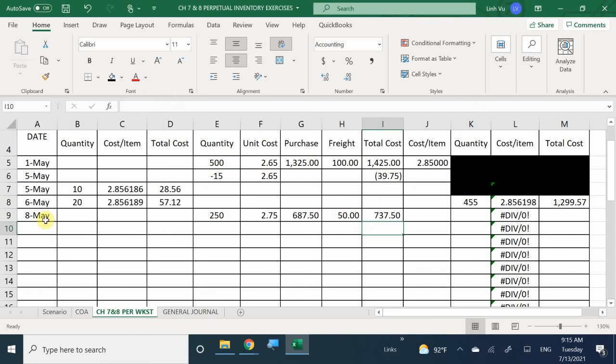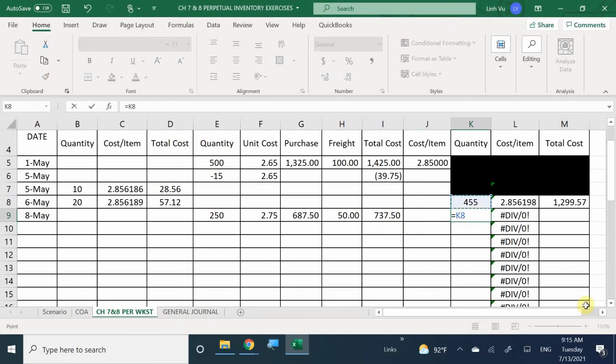Not really, because that's going to be done all the way on the right, correct? Correct. Because now we need to add this to my new quantity and my new total cost because now I have an addition of 250 items. So in this case, what's my new total quantity?